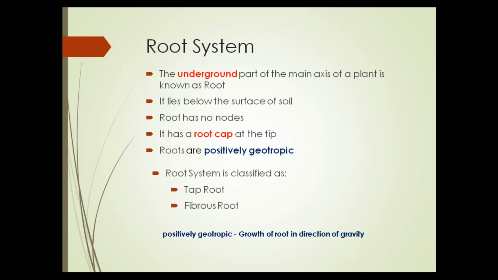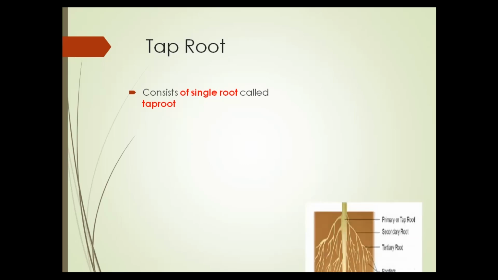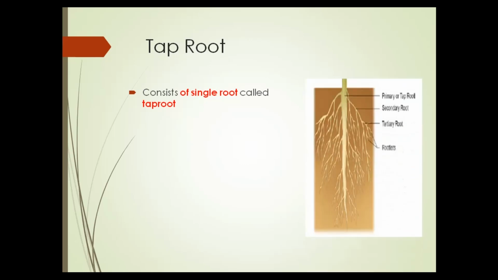The root system can be classified as taproot and fibrous root. Now let us see about the taproot system. It consists of a single root called the taproot. Look at the picture. It has a main thick root called the taproot.